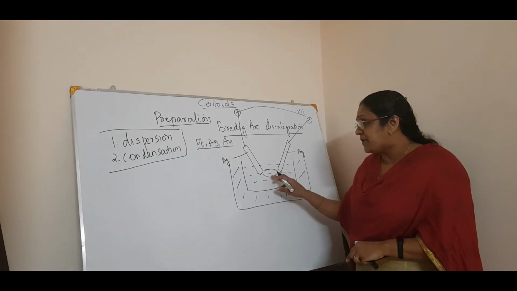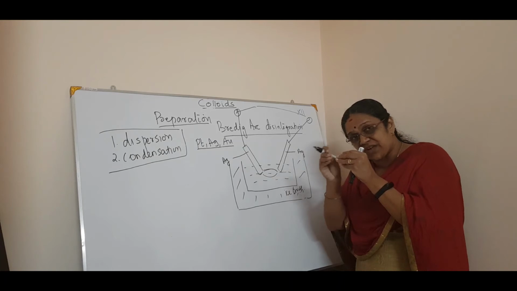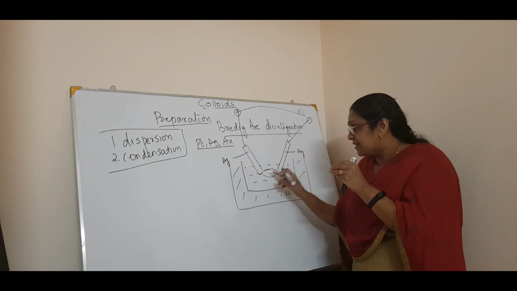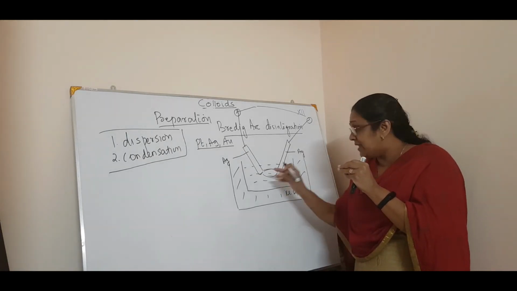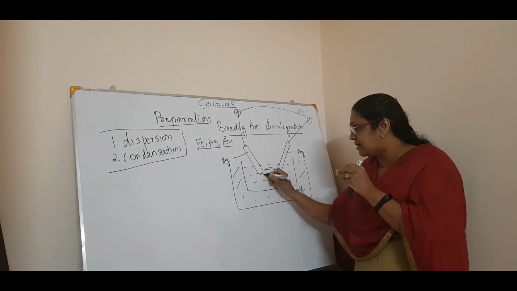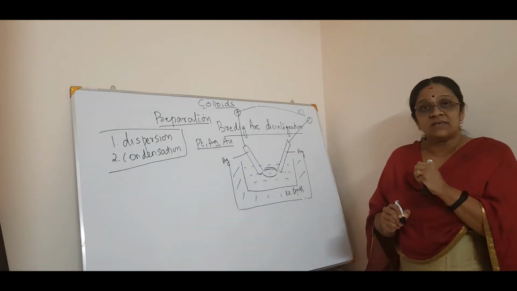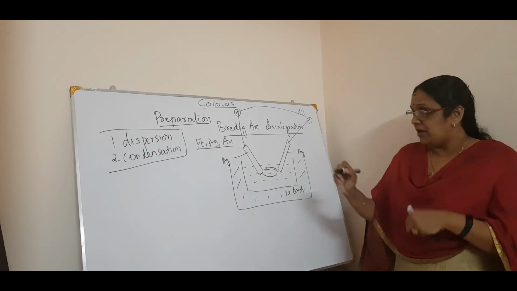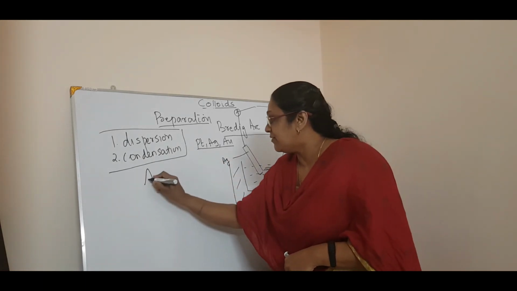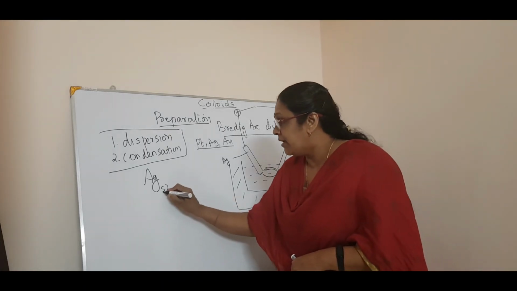Understood? So dispersion first happens. That means an arc is struck between the two platinum metals, then they disintegrate to form small vapors, and then these vapors are condensed to get the respective salt. If I want silver, the silver rods are solid.